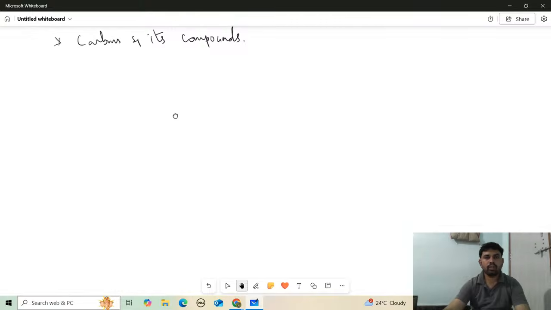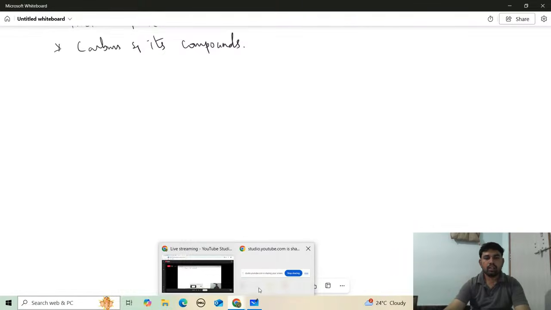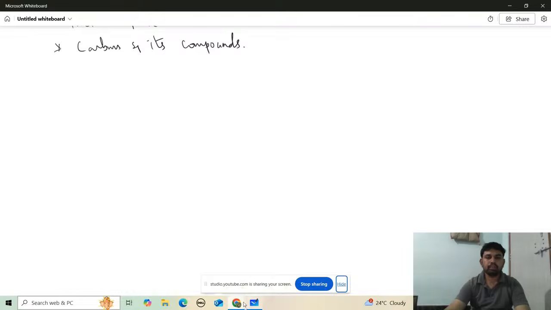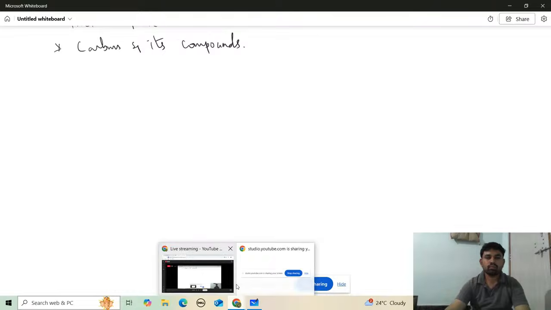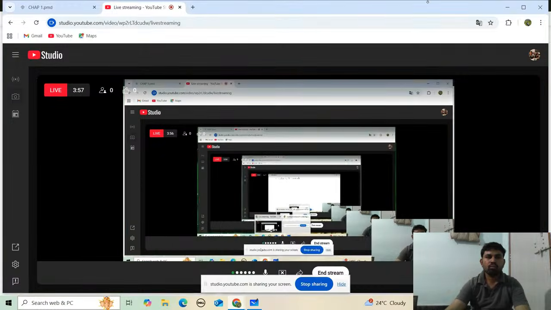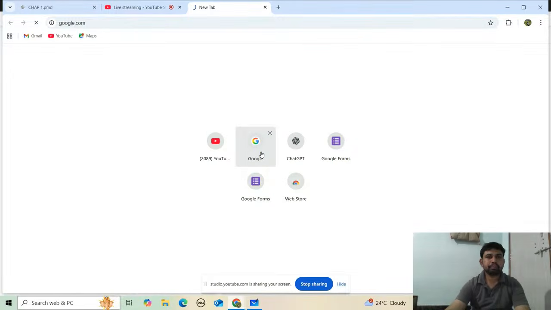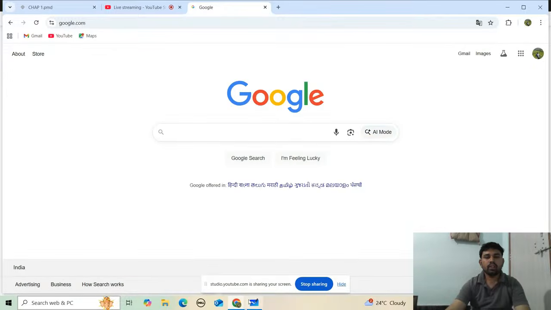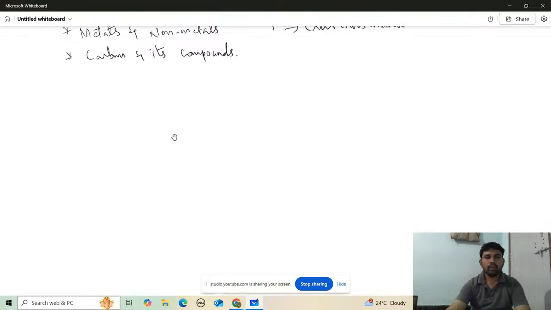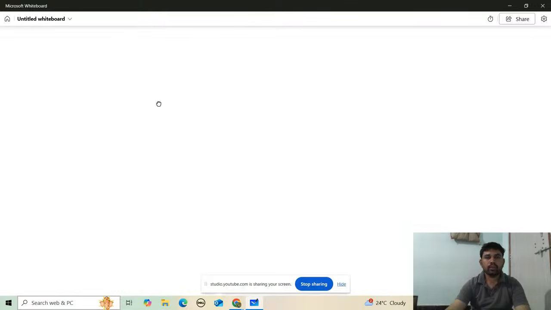First thing we should know: with Google we can find a small periodic table. Okay, let me draw it better. So we can draw the periodic table first.